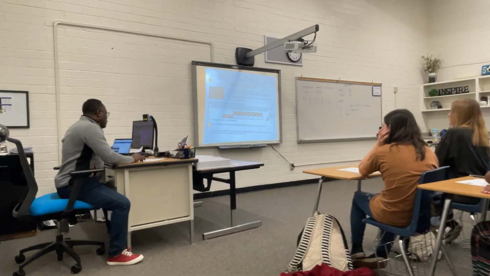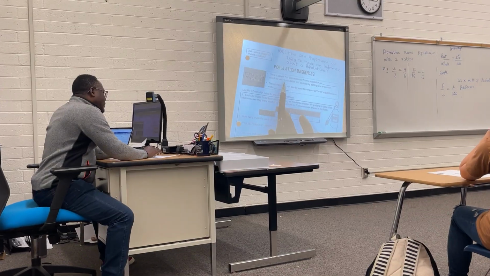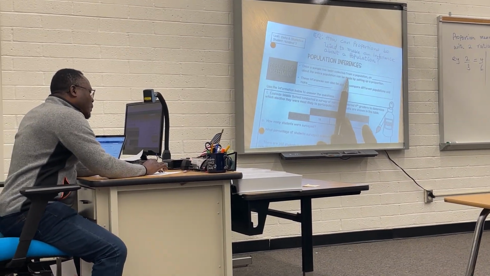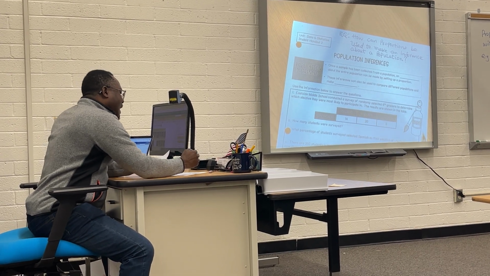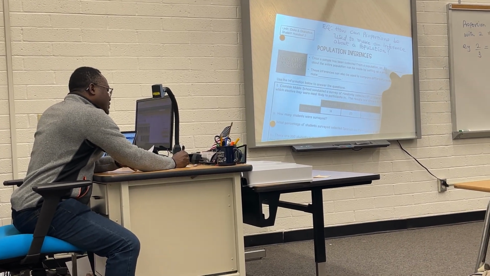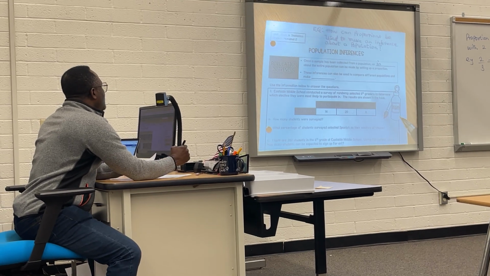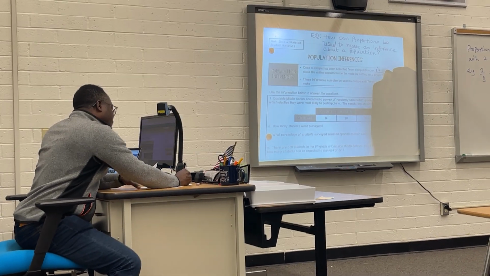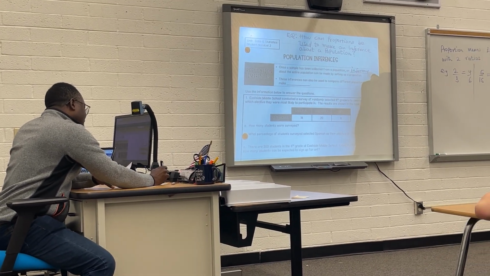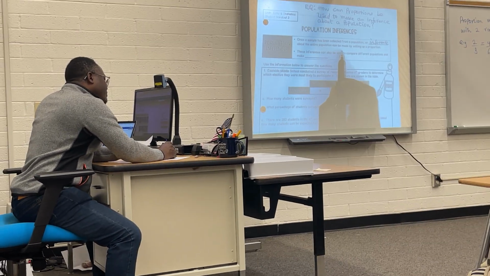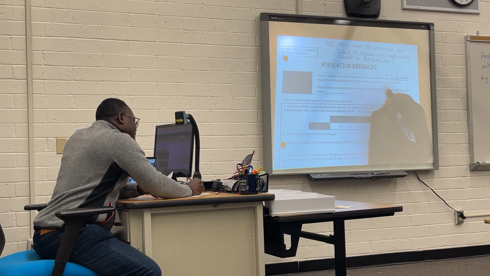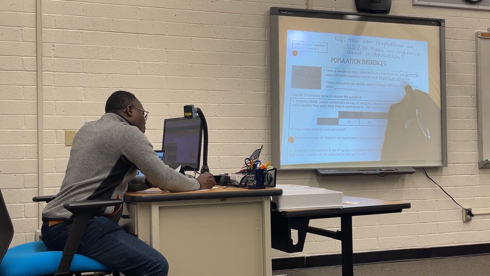So let's see in the notes we have, it says, once a sample has been collected from a population, an inference, I want everybody to write this one down. Write this down, inferences. An inference about the entire population can be made by setting up a proportion.